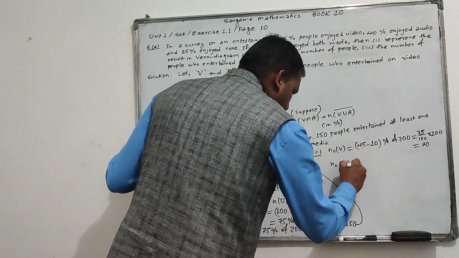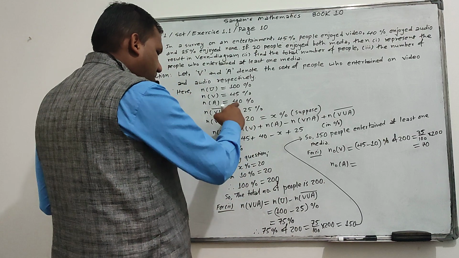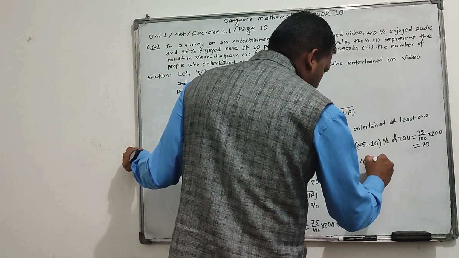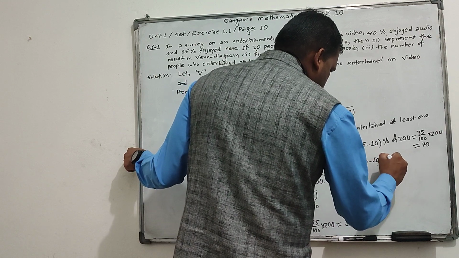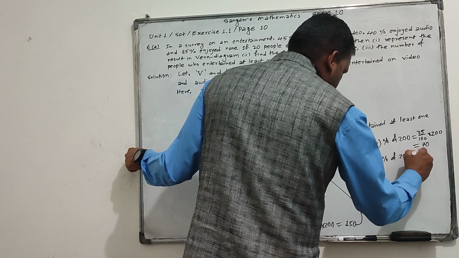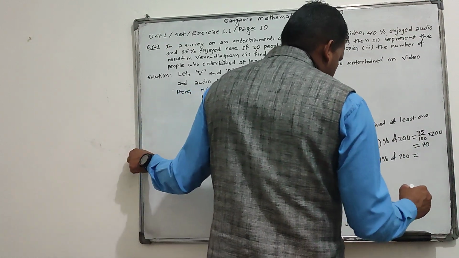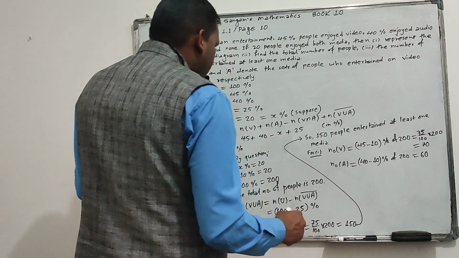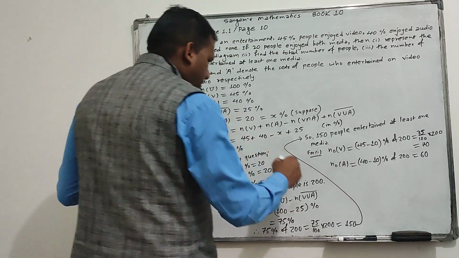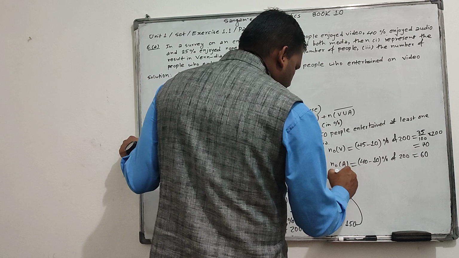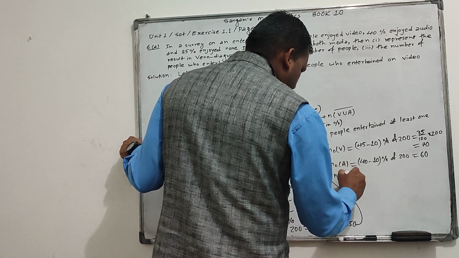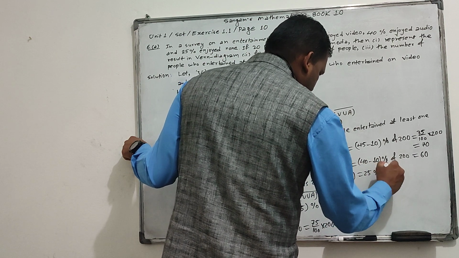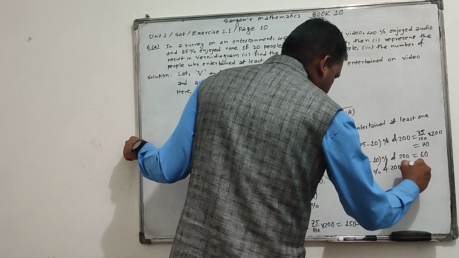And A only equals 40% minus the intersection 10%, so 40 minus 10% of 200 equal to 30% of 200, that is 60. And the complement part is 25%. n(B union A whole complement) equal to 25% of 200 equal to 50.